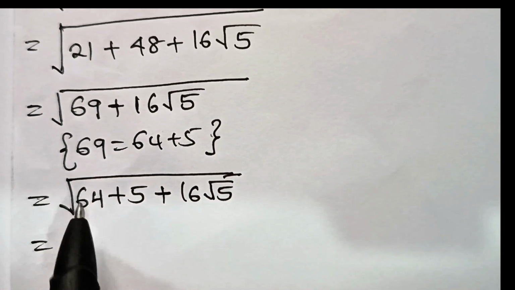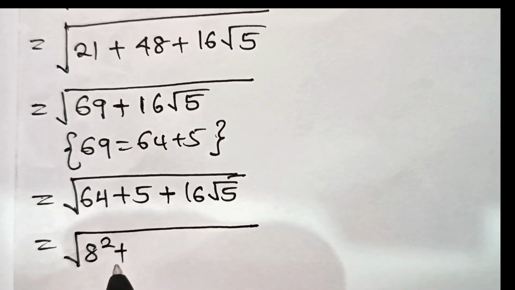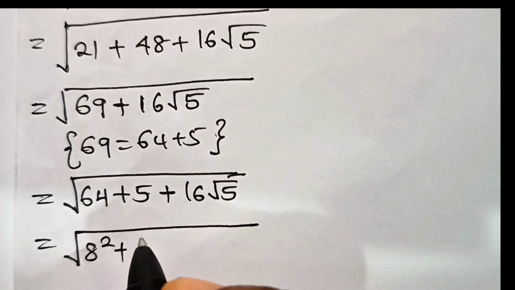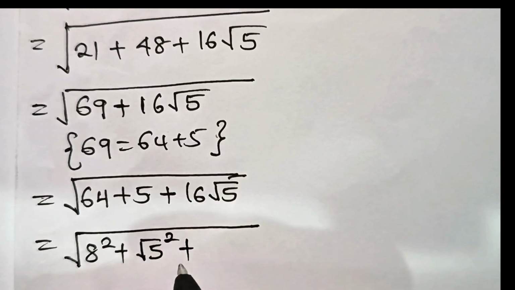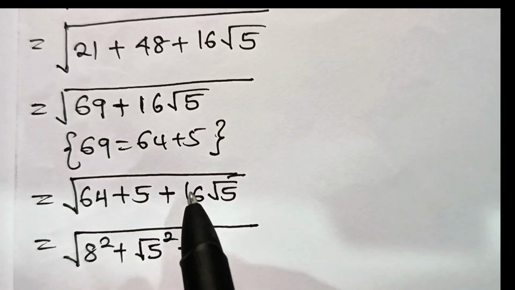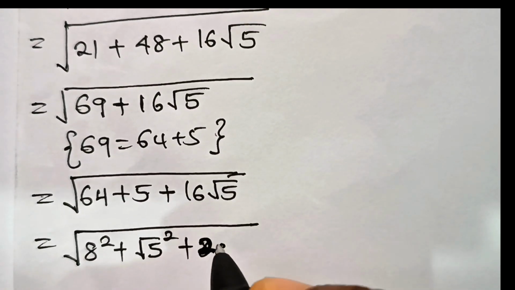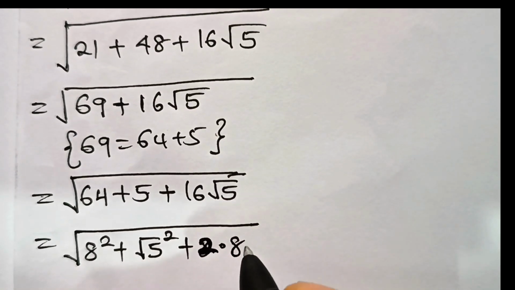Now 64 is the same thing as 8 squared, plus 5 is the same thing as root 5 squared, plus, now let's try to bring out 8 from 16, which will give us 8 multiplied by 2. So we can say 2 multiplied by 8 root 5.